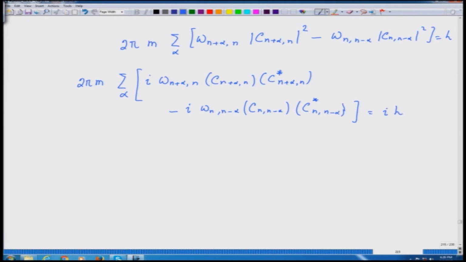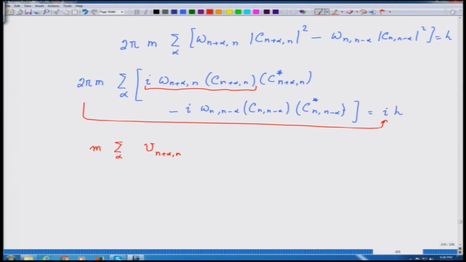Let me take 2π to the other side and write m summation over α. Recall that iω_{n+α,n}C_{n+α,n} is nothing but the velocity V_{n+α,n}, and the other one is C star.